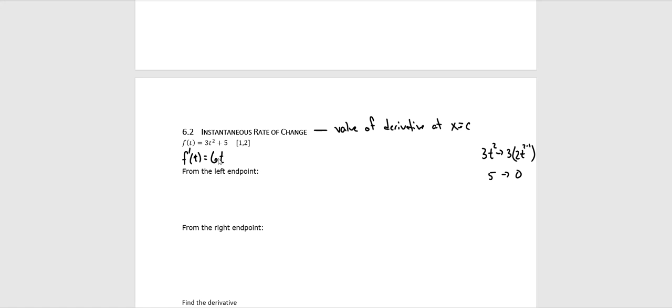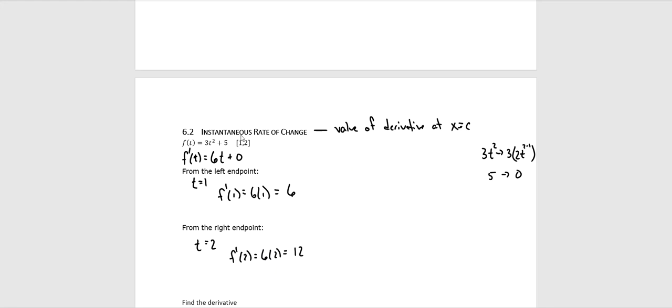So this is 6t plus 0. From the left endpoint, that's a t value of 1. The derivative at 1 is 6. From the right endpoint of our interval, t equals 2, my derivative at 2 is 6 times 2, which is 12.